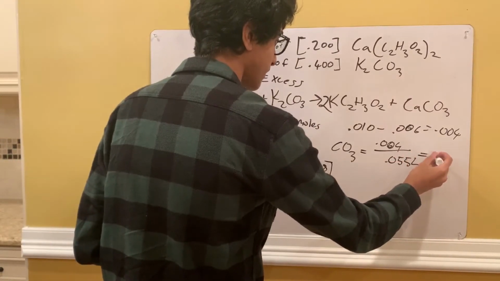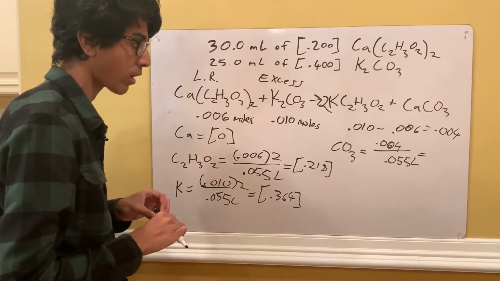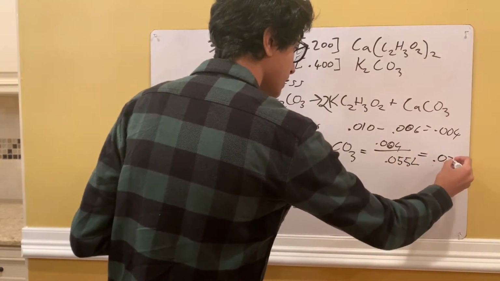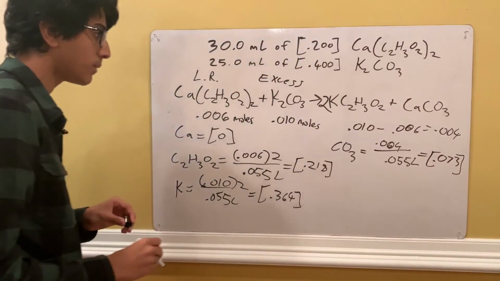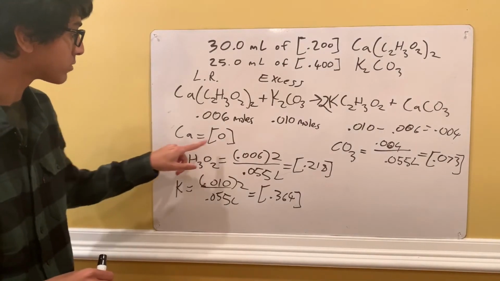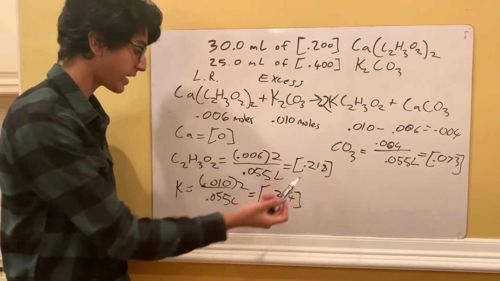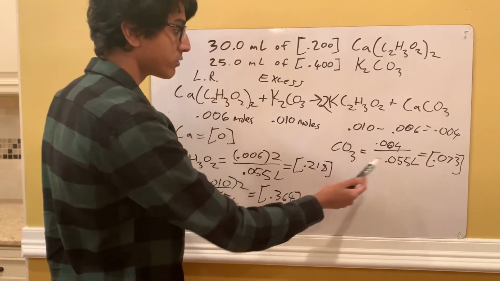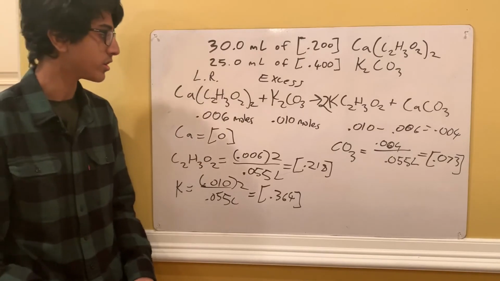We just divide this out, 0.004 divided by 0.055, and we get 0.073. So now that we have the concentrations of everything: Ca is equal to 0, C2H3O2 is equal to 0.218, K is equal to 0.364, and CO3 is equal to 0.073. We have all the concentrations, and we're done.